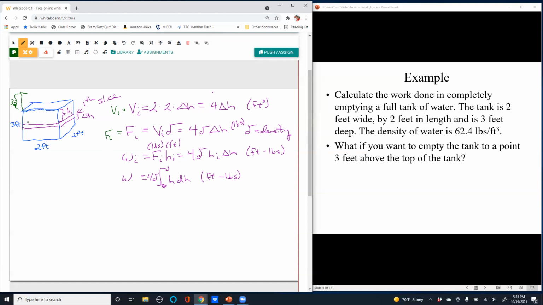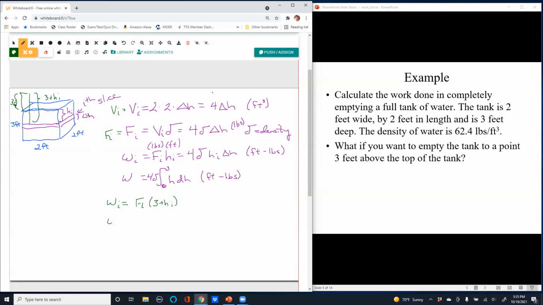Now, to get this slice out completely, it has to go up h sub I plus another 3 feet. So that distance there is going to be 3 plus h sub I. So where it's going to finally change is the W sub I. Well, it's still going to have the same F sub I, but it's going to get multiplied by 3 plus h sub I.